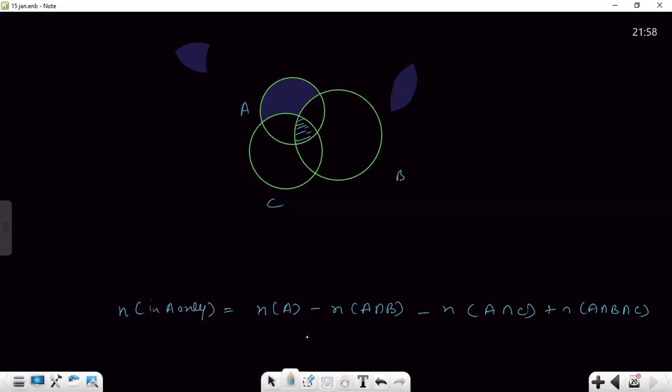This is very important for you to understand, that if you have to find out the number of elements exactly in A, then this is what we need to do. Okay. How about the number of elements in B only? Are we missing something?